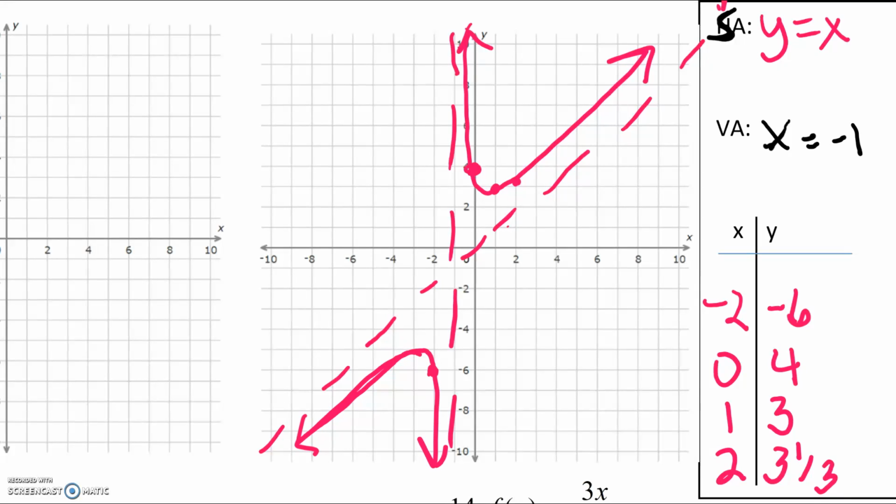Okay, and then also make sure you're stating domain and range. This one, your range is going to vary based on slant asymptotes. I really care when you have a horizontal asymptote what your range is.